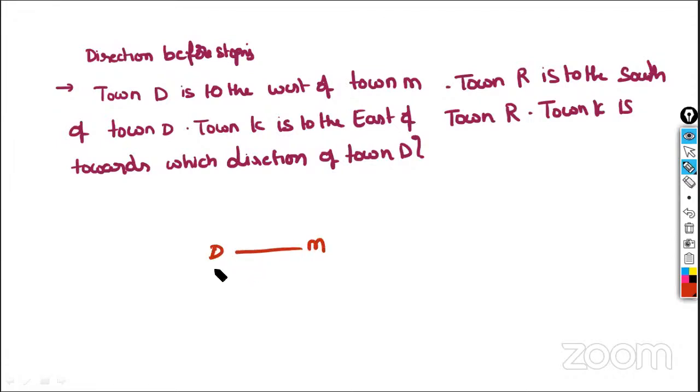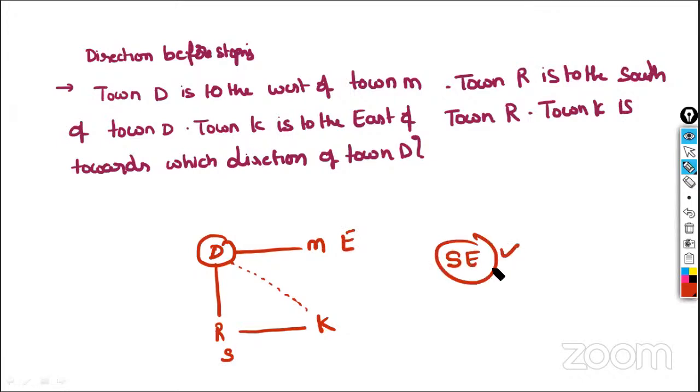Town R is to the south of town D. And town K is to the east of town R. Town K is towards which direction of D? From D, the town K is in which direction? This is east, this is south. So the answer is southeast. Right? Done? Right.